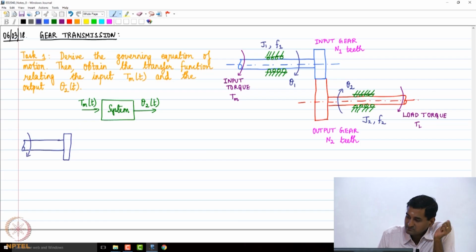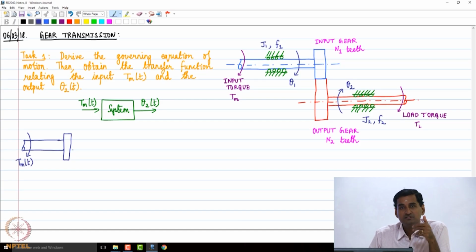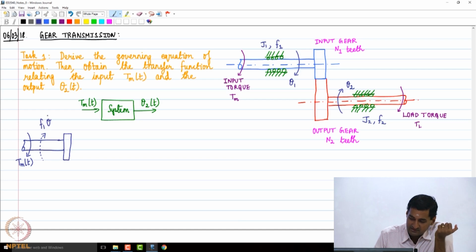Essentially we have the input torque Tm(t) acting. Are there some resisting torques? Yes, there are. We have one due to friction, which is F1 times theta 1 dot of t.